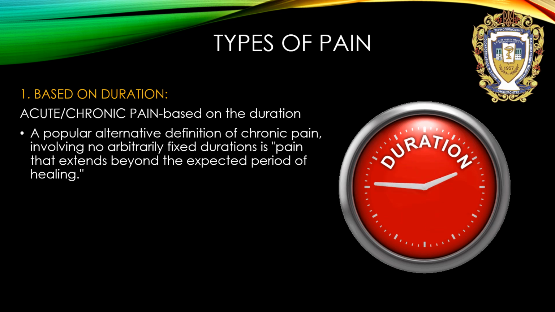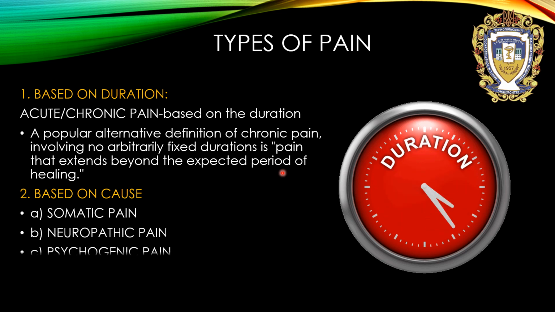A popular alternative definition of chronic pain involving no arbitrarily fixed duration is pain that extends beyond the expected period of healing. Type based on cause: somatic pain, neuropathic pain, and psychogenic pain.